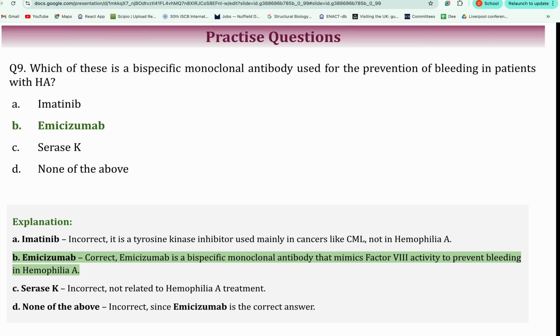Similarly, in humans also, after different clinical trials, it has been observed that if we supply this monoclonal antibody, then it mimics this factor and its activity. So it can lead to the treatment of this condition.